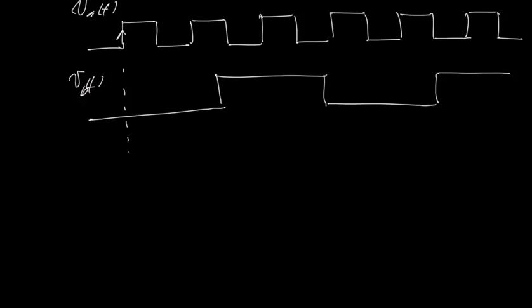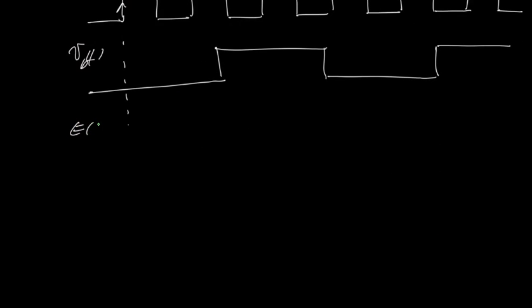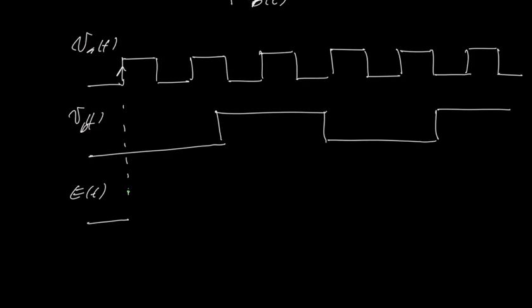So how does E of t look? Well, it's going to be 0. And here it's going to go high, and it's going to remain high till we hit the next high here. And then it goes low. And then it's going to wait for the next high here. By the way, this high was ignored.